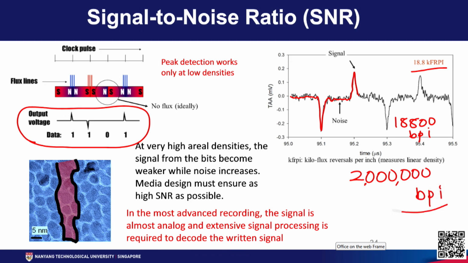This is the kind of density at which we are storing information in the current hard disk drive. This is one example that I measured long ago. At 20,000 bits per inch itself, you can see so much noise, right. Imagine packing even more bits closer to each other, you will see more noise.